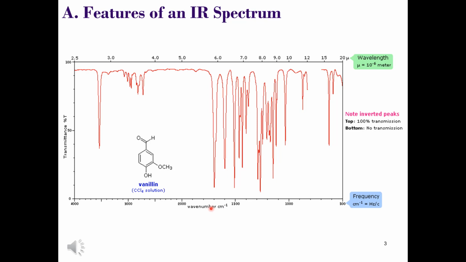The inverted display of absorption compared with UV-Vis spectra is characteristic also of IR spectra. Thus, a sample that did not absorb at all would record a horizontal line at 100% transmittance. That's at the top of the chart. This means that molecules will often have bonds that either have weak, medium, or strong absorbances.